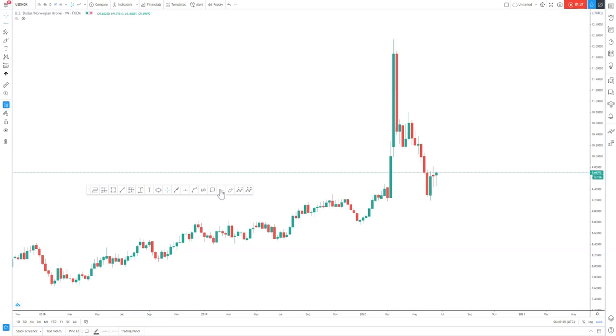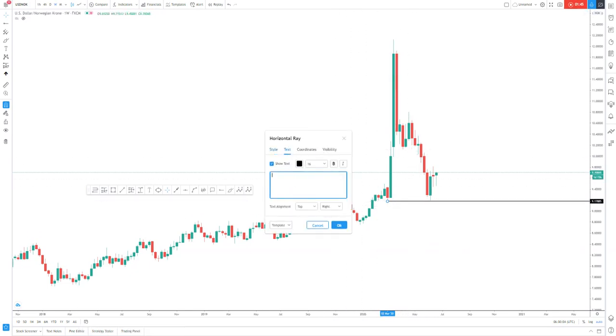So I'll pick my ray tool and place it at this area structure here, and we can tag this as a buy zone. Brilliant.